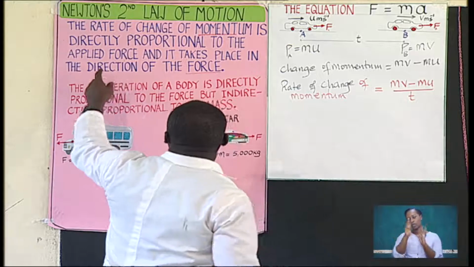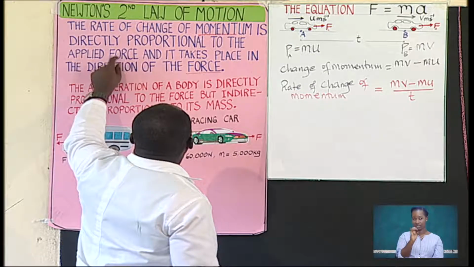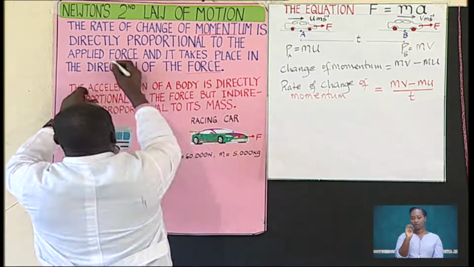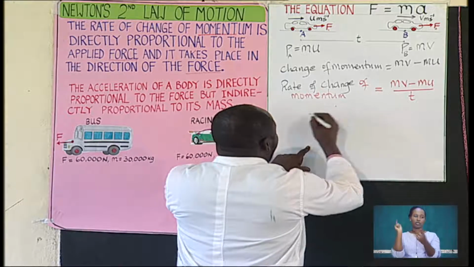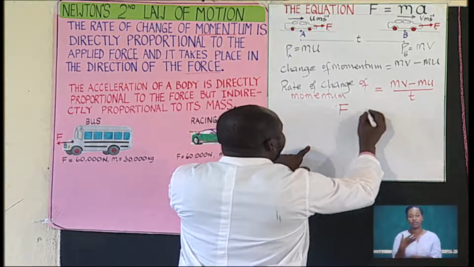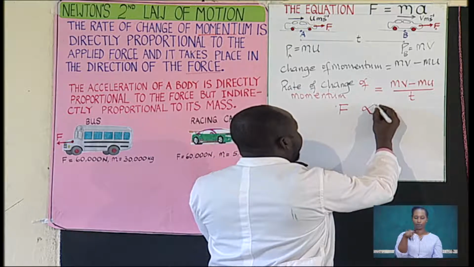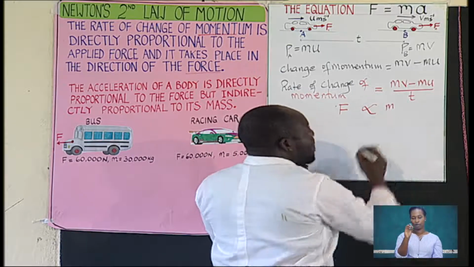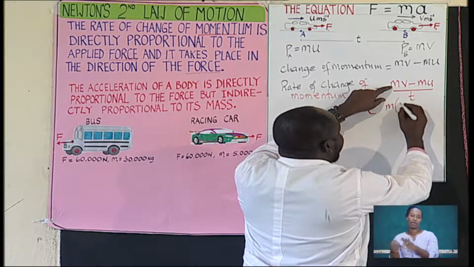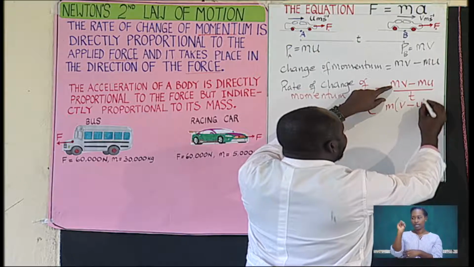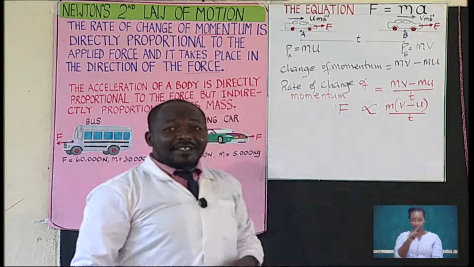But what are they telling us? They are saying the rate of change of momentum is directly proportional to the force. So we shall have F is proportional to, I hope you remember, that is the proportionality sign. Proportional to m, but also here you see m is common, so I can put v minus u, then over t. Are you comfortable with this?